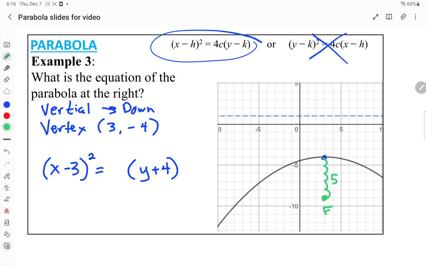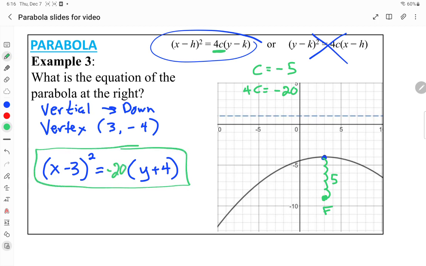It's 5 units below the vertex here, which means c equals, oh, not -4, -5. And 4c then would be 4 times -5, I should say, -20. There we go. All right, one more.